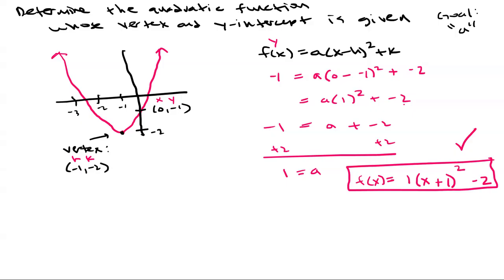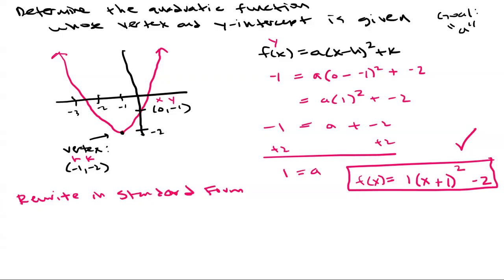Now, let's rewrite this into standard form, which is ax squared plus bx plus c. And that's not too bad, right? So we have (x plus 1) squared minus 2.